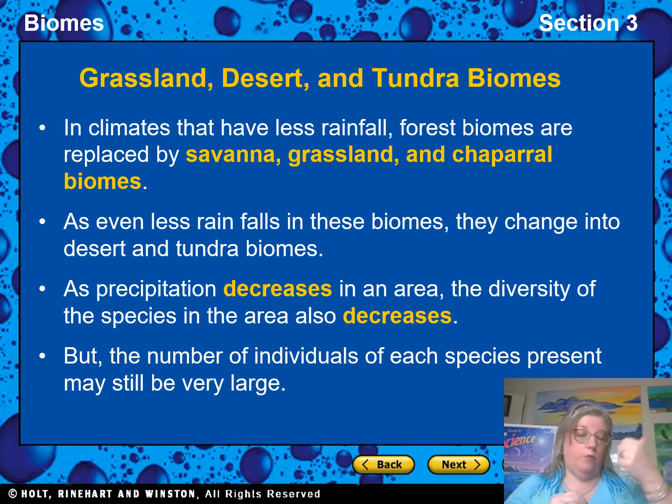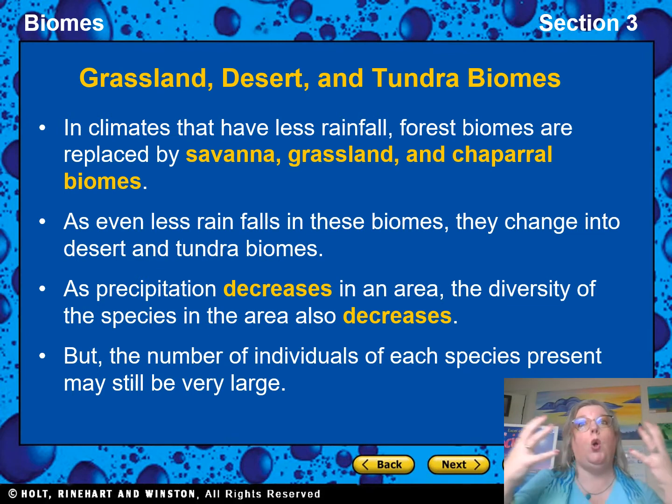You remember we learned with the tropical rainforest, because they get the most rain, they have the most different types of species as well. As you decrease the rainfall, you get fewer and fewer types of species that can live there. However, you might get a whole bunch of one kind of animal.